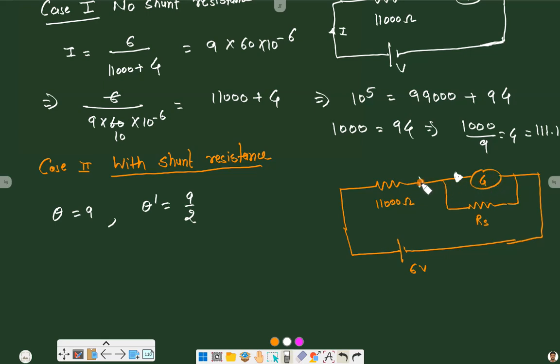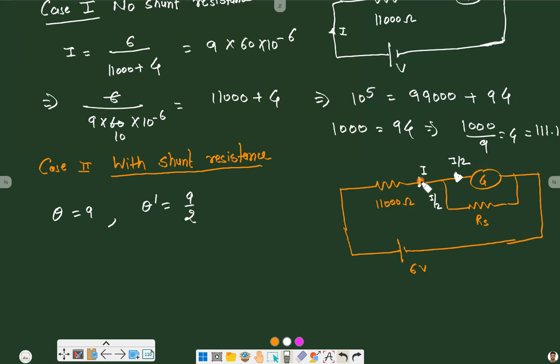Now suppose there is some current I flowing through it, if circuit current is I, then how will it reduce by half? It is only possible if this current I splits into two equal parts, when the resistance of this galvanometer and the resistance of this RS are both equal. When two equal resistances are in parallel, the current between them is distributed equally.